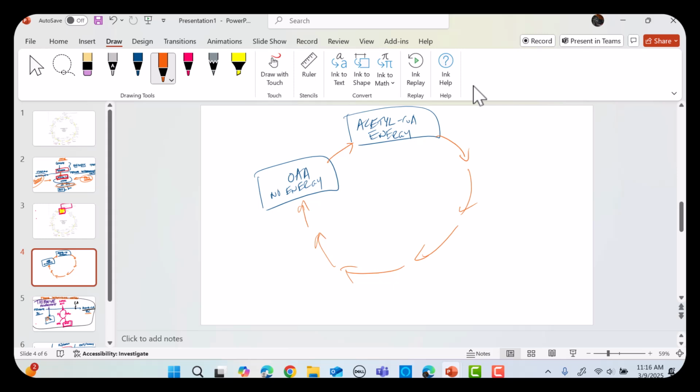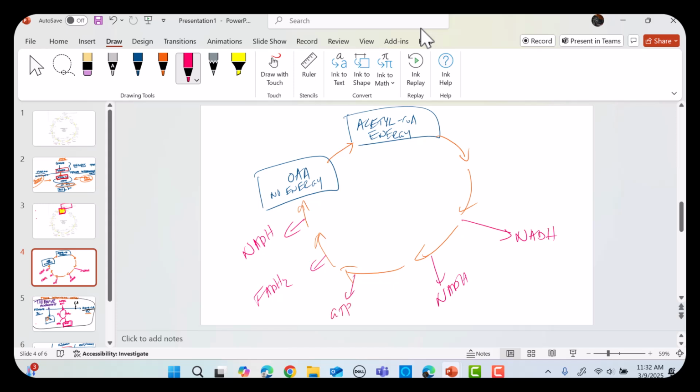As I go through and make the intermediates and make these molecules along the way, I'm also going to make other stuff like NADH. In fact, it's not just one NADH. We're also going to bleed off an FADH2, a GTP.